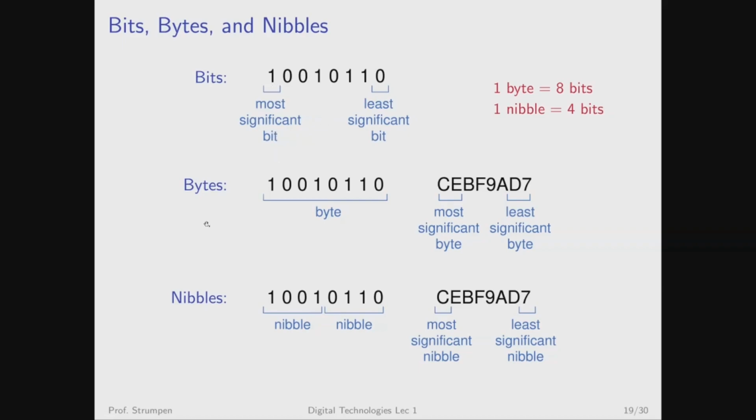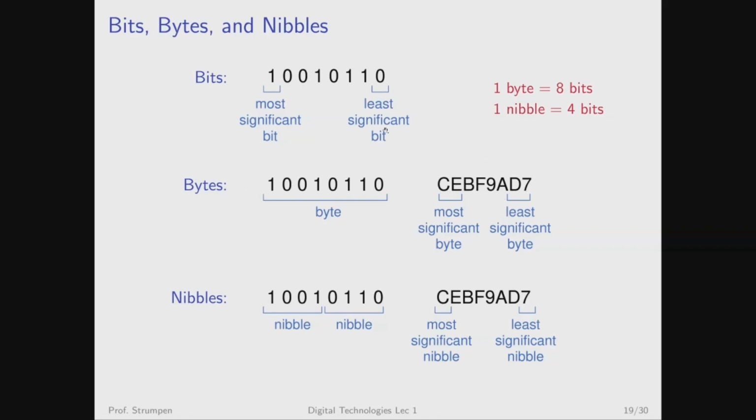Right? If we look at a byte of 8 bits, we may also look at hexadecimal numbers, where 2 hexadecimal digits form 1 byte.